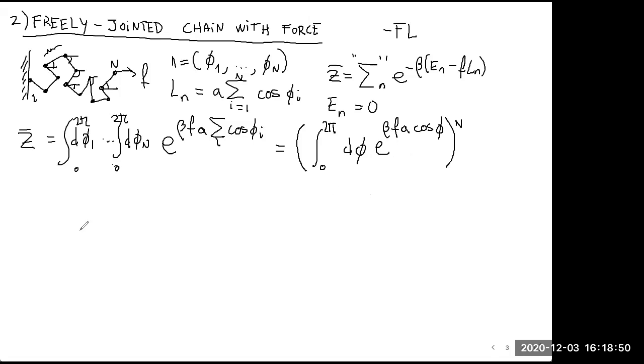Do you know what's the integral of something like this? e to the, let me call it alpha cos phi. Have you seen this integral before? I guess it would be like 1. Wait a minute. It's an exponential.